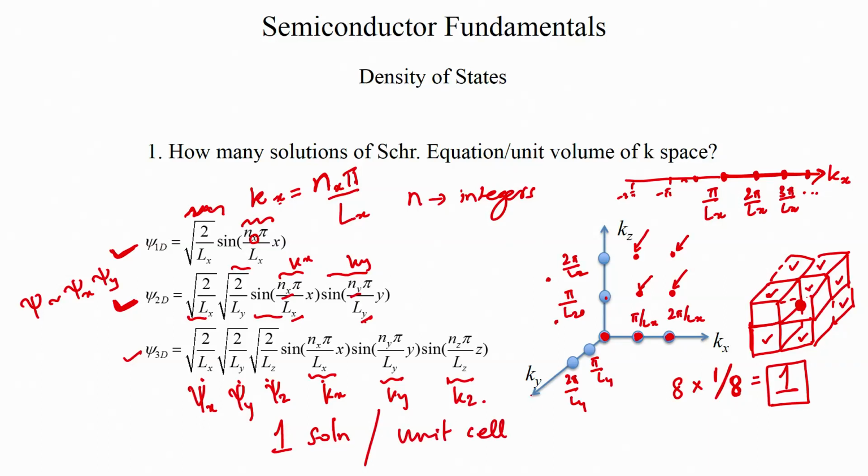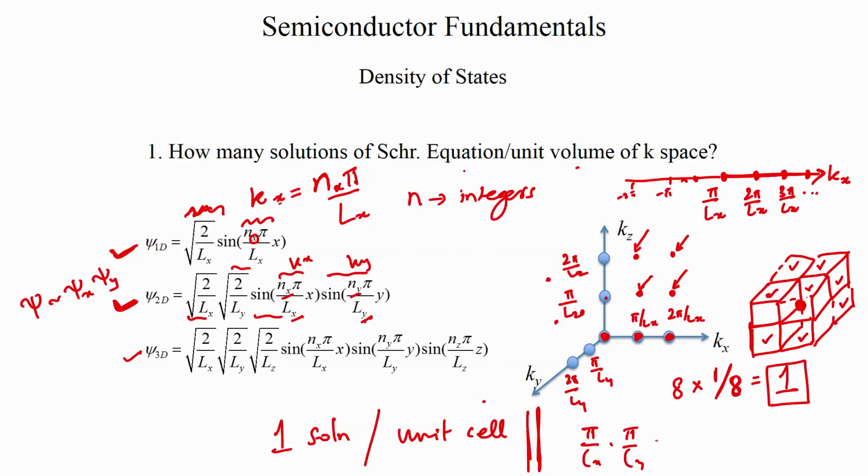Now we need to get the answer as to how many solutions per unit volume. So we need to find out the volume of each unit cell, and the volume is simply this product. It's pi by Lx into pi by Ly into pi by Lz.